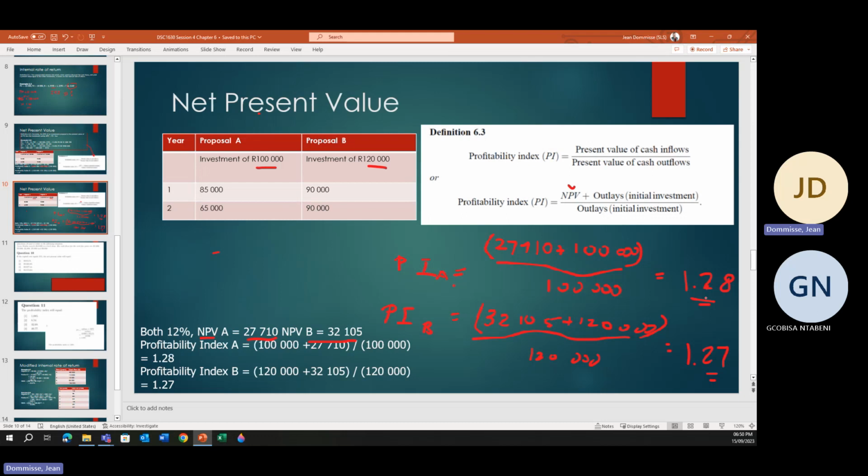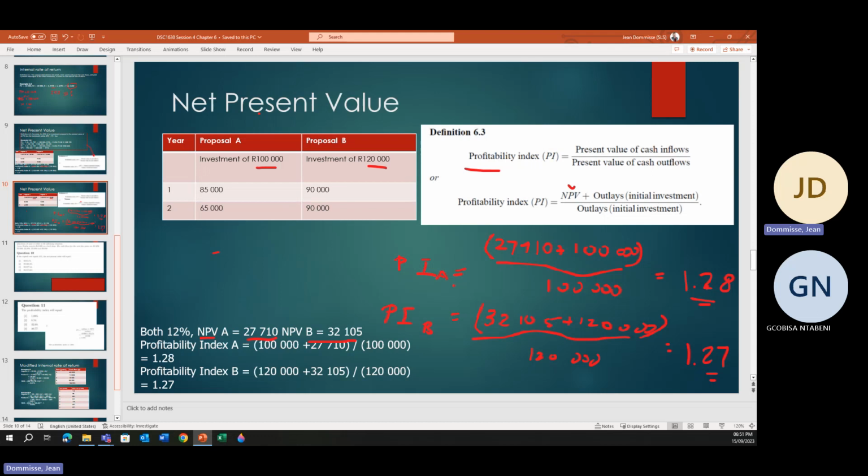Because if your calculator is set at one decimal, you will get 1.3 and 1.3. So they will make the margins bigger, or they will tell you to set your calculator to 3 or 4 decimals so that you can see the difference. But it is very seldom that they will ask you to work out the profitability index when the gap between the two is this small.